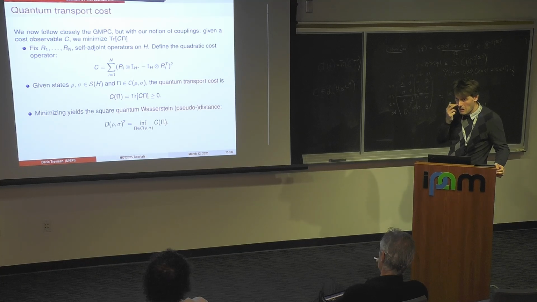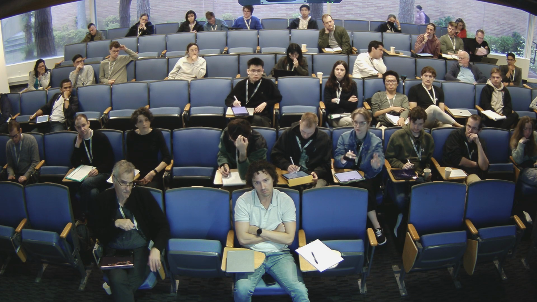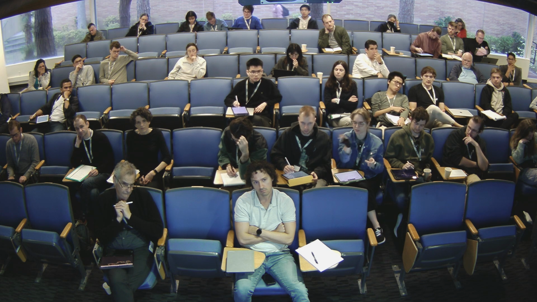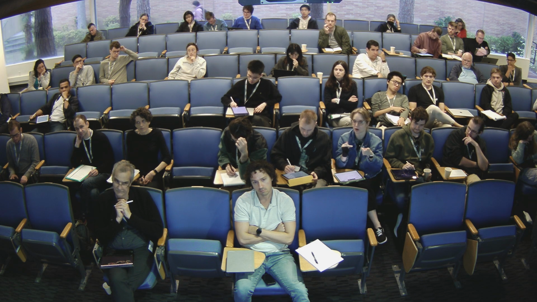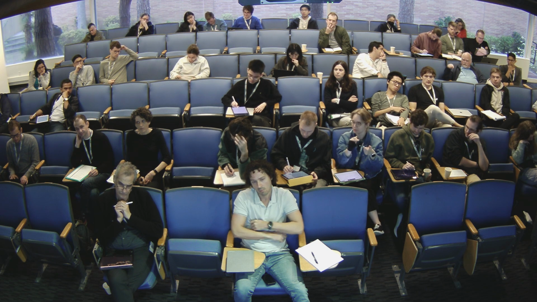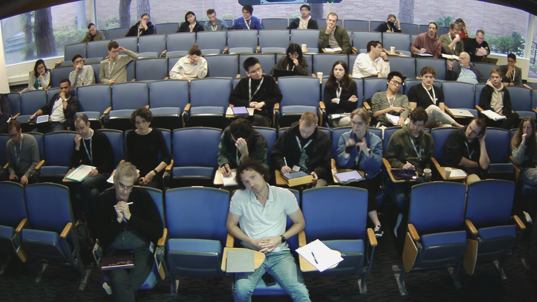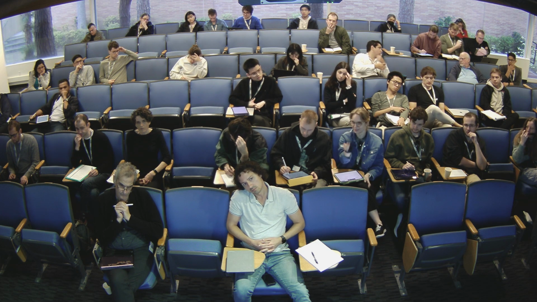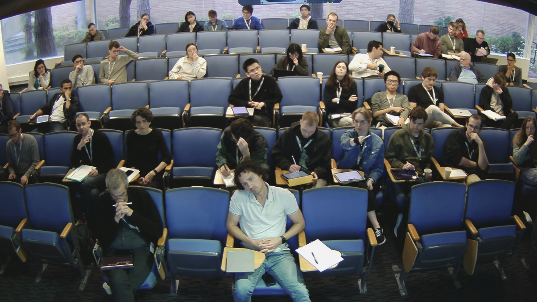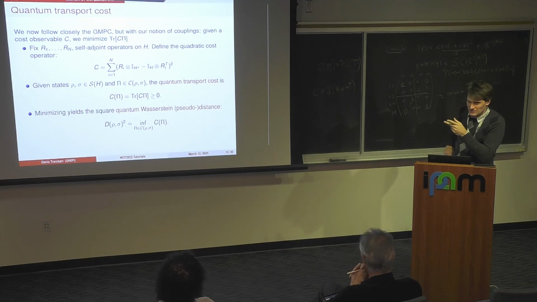I'm just wondering, as far as I understand, the cost is trying to imitate the classical case, where we have the square of x minus y. Why don't we sum over i and j of Ri times identity minus identity times Rj?